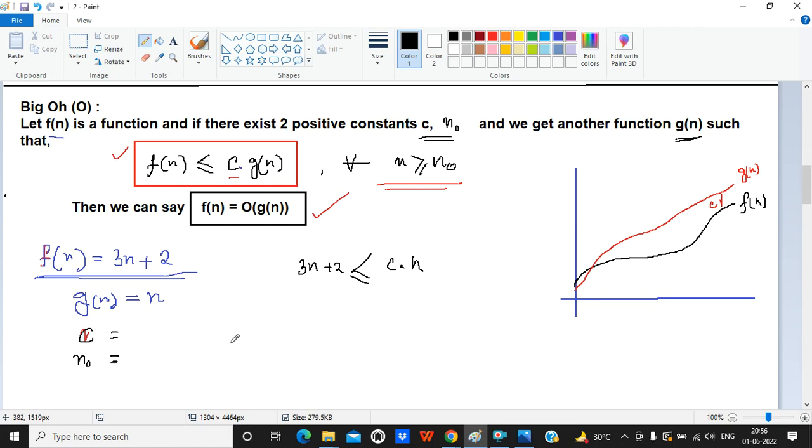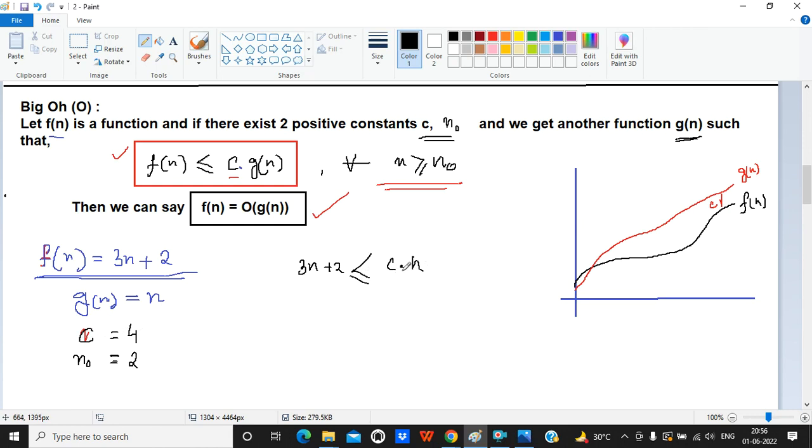See, if I put c equal to 4 and n0 is 2. How can I decide these values? You can decide the value by some mathematical calculation, but do not go with that.